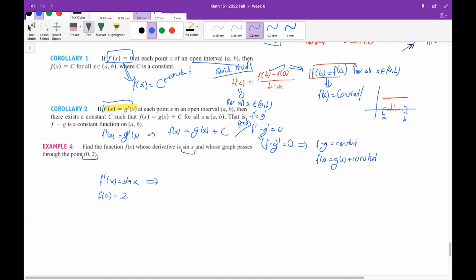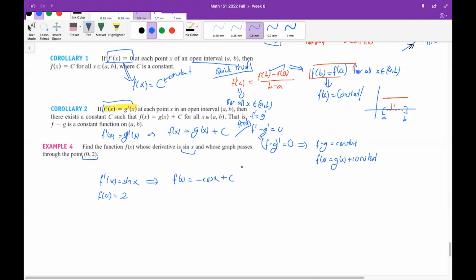If the first derivative is sine x, then we can say that f of x is what? You can just think of it like, what is the function whose derivative is sine x? So it should be like this, minus cosine x plus c, because you know, the derivative of minus cosine x is sine x, and the derivative of f is the same, so they should differ only by a constant like here.